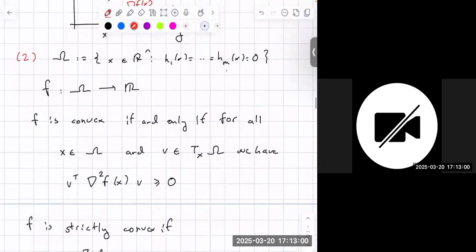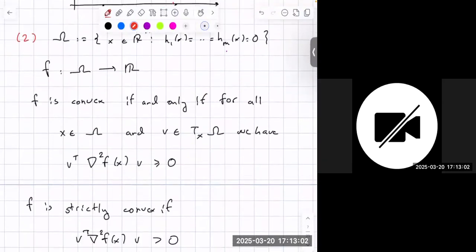All right. And there's also a second order condition. In the one variable world of calculus, if you remember many years ago, they probably told you a convex function is one where you take the derivative twice and the second derivative is a positive number. In the multivariate world, what does that mean? Take the derivative twice, you will get a matrix now, and plug into that matrix from left and right all the tangent directions.